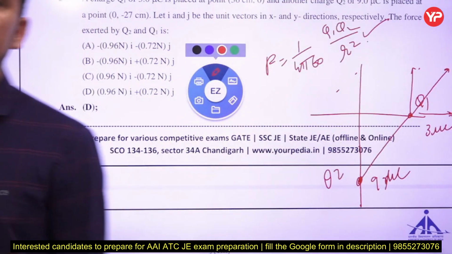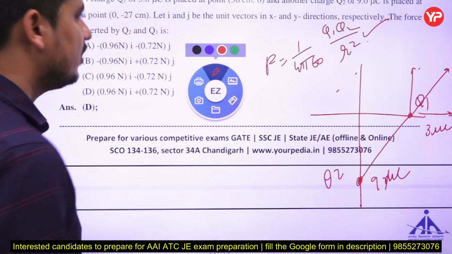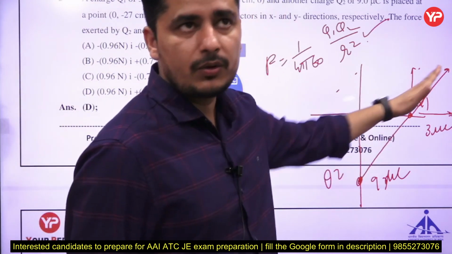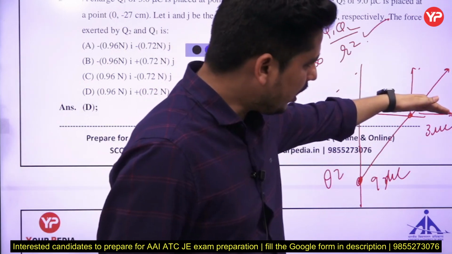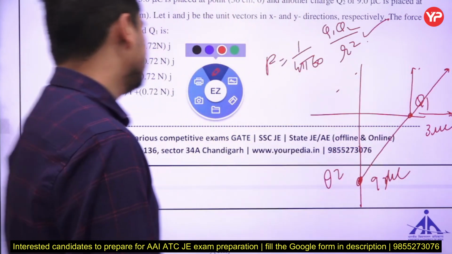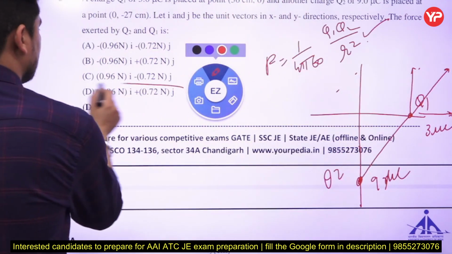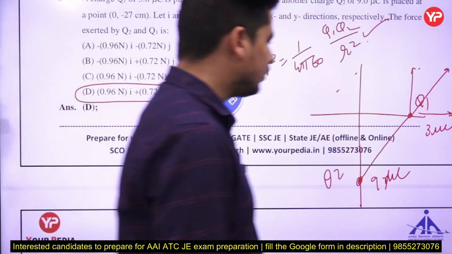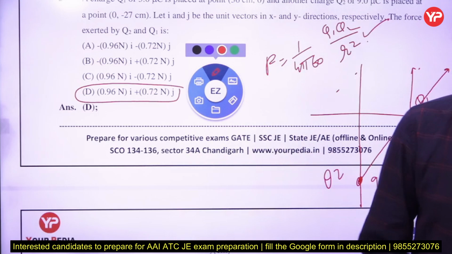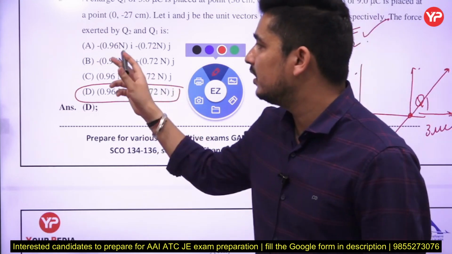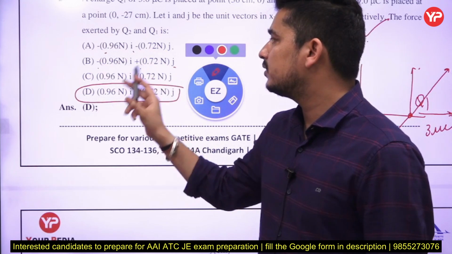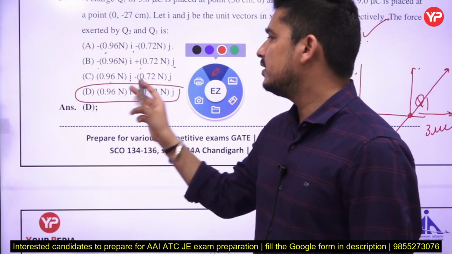So in this type of question sometimes you can directly solve it. See, I make a figure like this, the electric field is, sorry, force is going in this direction, which has a plus i component and plus j component. So these are the tricky questions. If you get the trick, no need to calculate everything, because in the options I am seeing i is negative, j is negative; i is negative, j is positive; i is positive, j is negative.